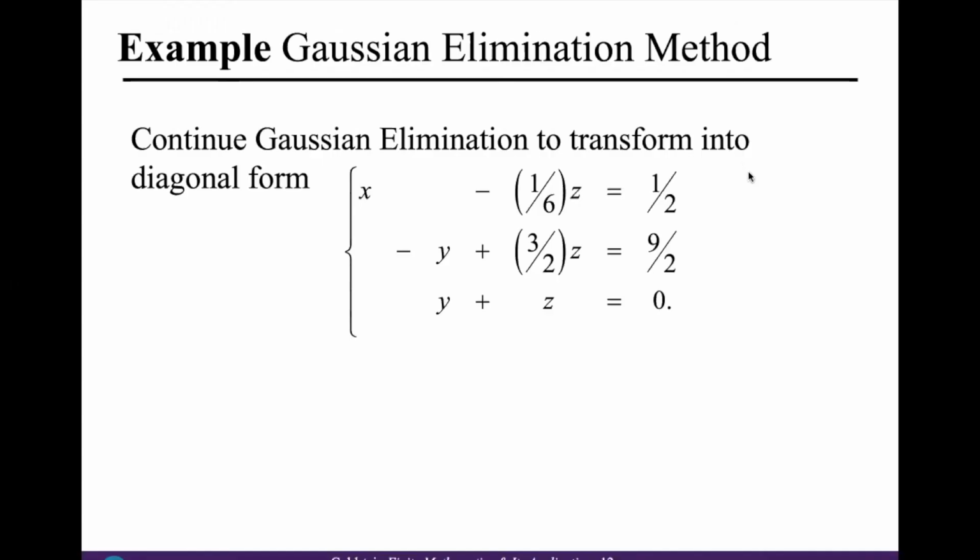All right, so as I mentioned a moment ago, the next example is we're going to continue what we started with the previous examples. So now they're just saying continue Gaussian elimination to transform this system into diagonal form. So they're not going to tell us which row operations to use. That's the way it's going to work in general. You're just going to figure it out.